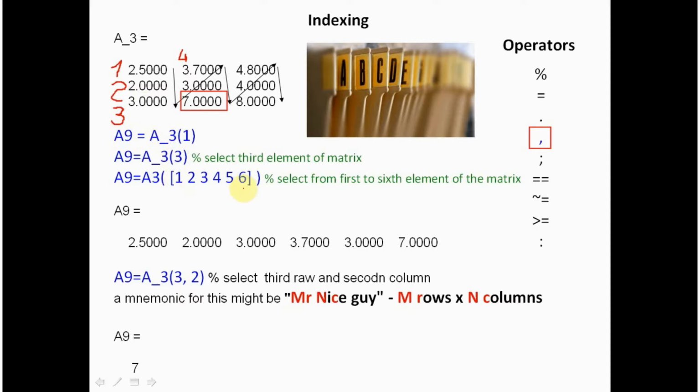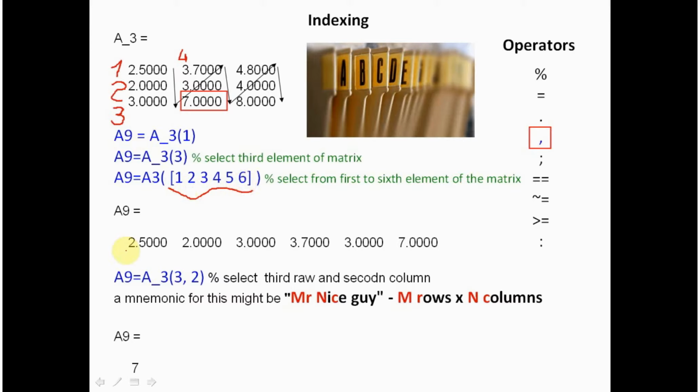You can type, as I told you, a number of elements. In fact, this one, it's a matrix. It's an array. And here you have a number of elements from 1 to 6.